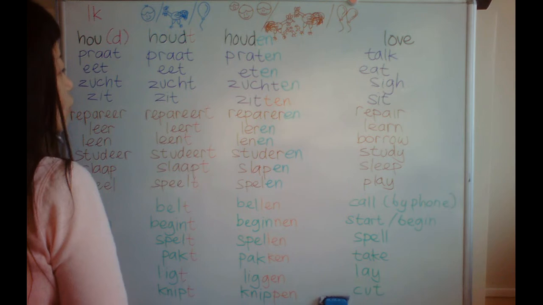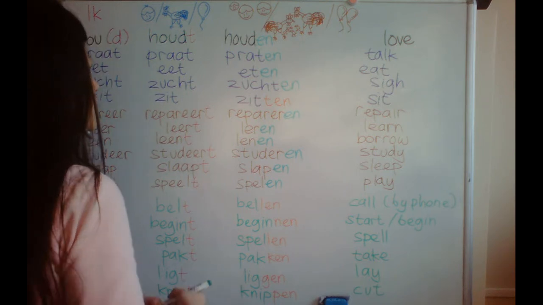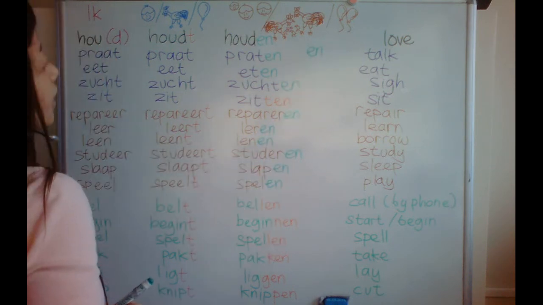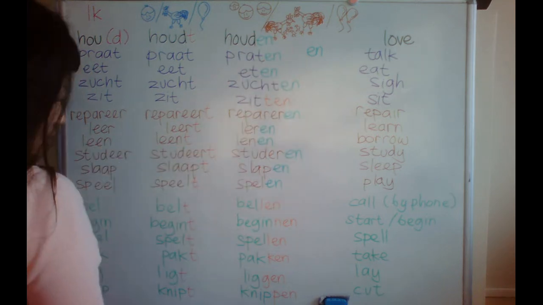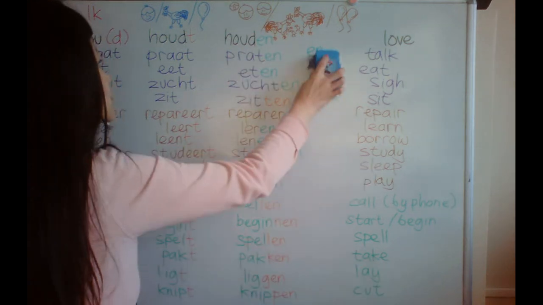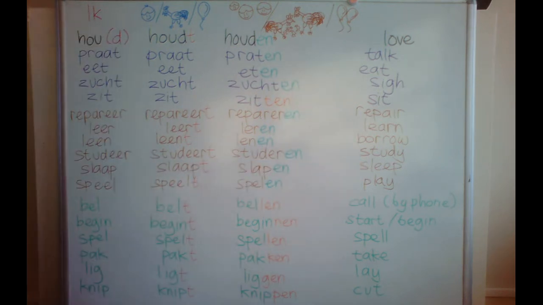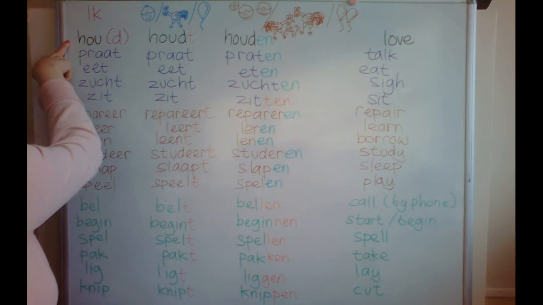Subject that consists of more than one, you put en, or in Netherlands an, at the end of the verb. This is the first format or formation.